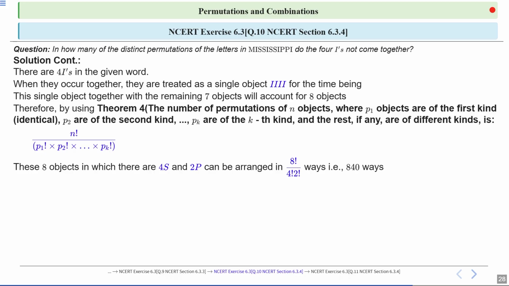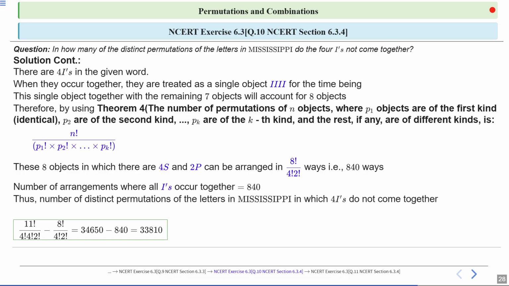Applying this formula, we arrange these 8 objects, which include 4 S's and 2 P's. So the calculation is 8 factorial divided by 4 factorial into 2 factorial, that is 840 ways. So here we got 840 arrangements where all I's occur together.